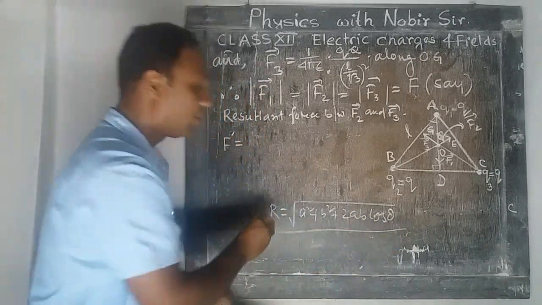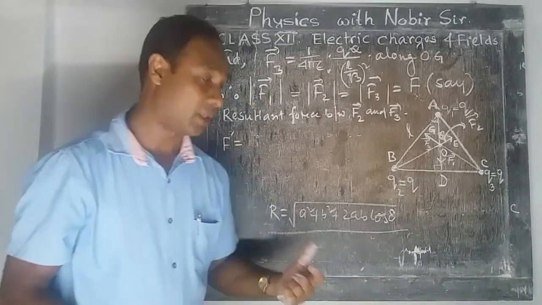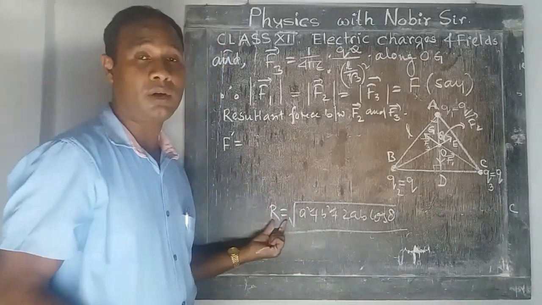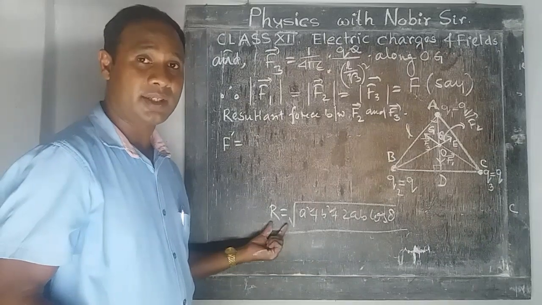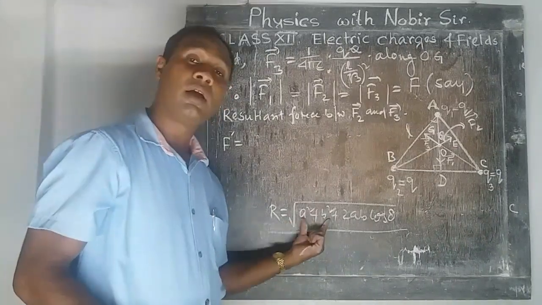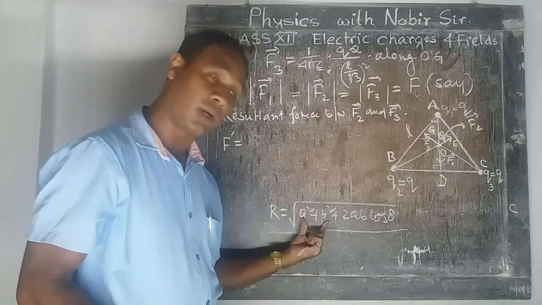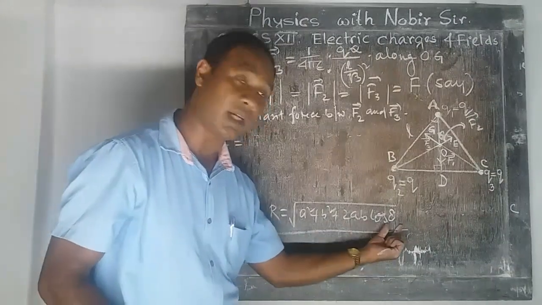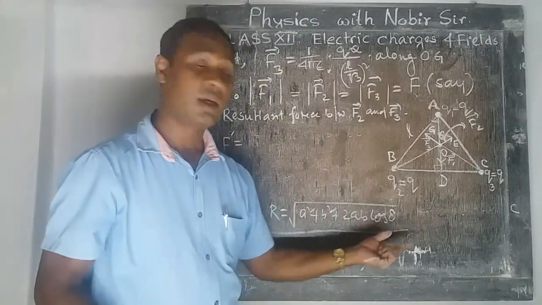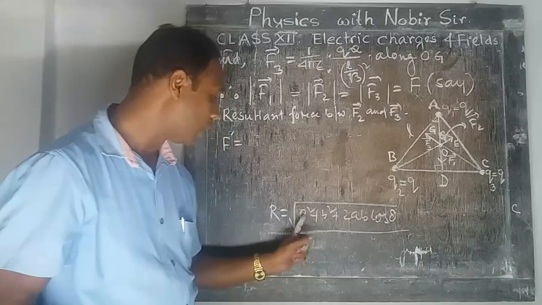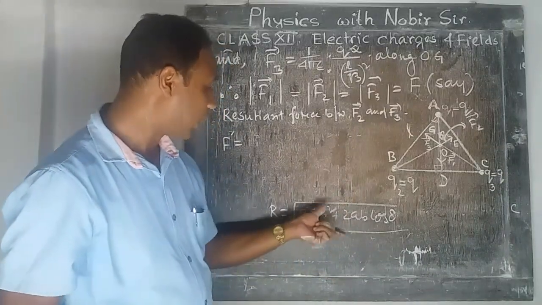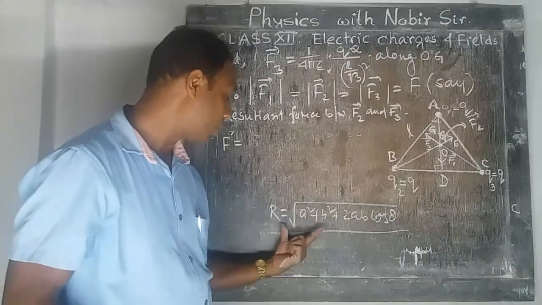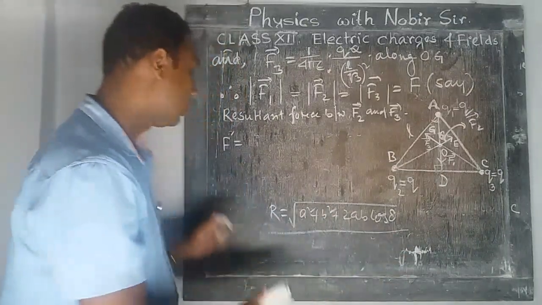This is the vector addition of parallelogram method, the value of the resultant vector. If A and B are two vectors and the angle between them is theta, then we use this formula, where theta is the angle between these two vectors A and B. This is the vector addition of parallelogram law.